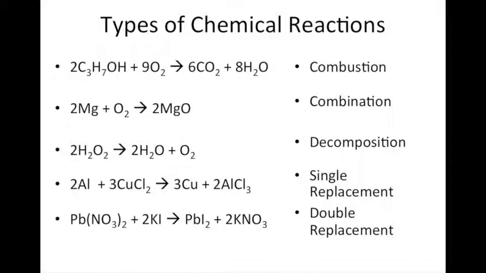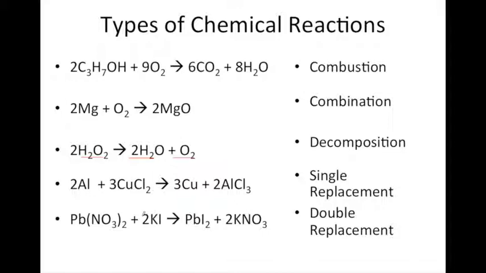Okay, so the first one, we can see we've got carbon dioxide and water as a product, so that's a combustion reaction. Here we have 2 reactants combining to form one product, that's a combination. Here we have a single reactant decomposing into 2 products, that's a decomposition. Here we have a single replacement, my aluminum is switching places with the copper.